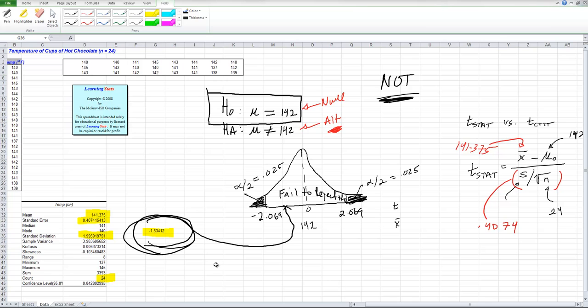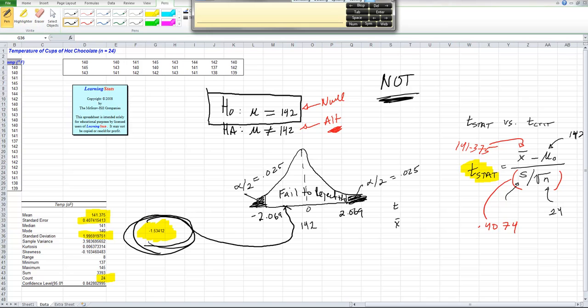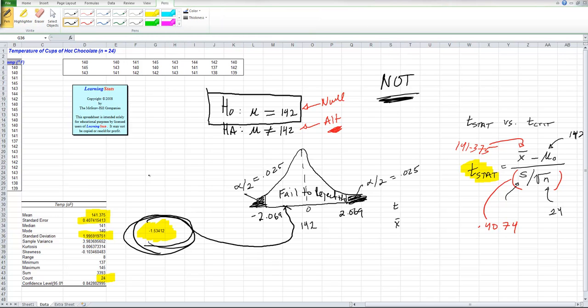The one other way that you could do this is to take your t-stat value, negative 1.53, and find the associated p-value for a two-tailed test. Now, we can't look at a table for the p-value, but we can use Excel.